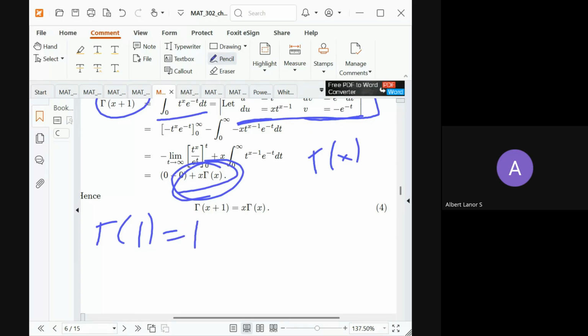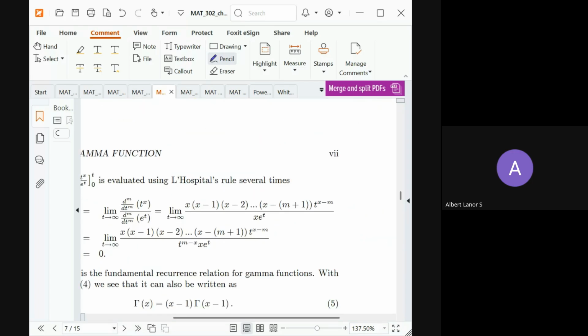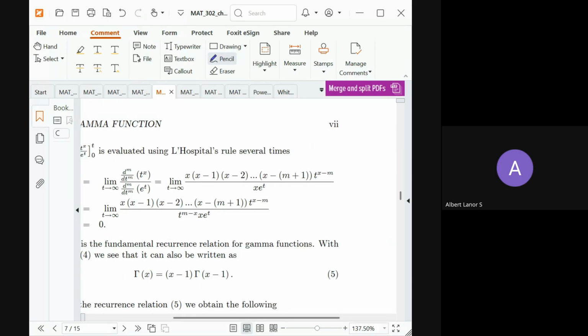We've proved it. Gamma of half is root pi. Then gamma of x plus 1 is equal to x gamma of x. All right. Then you can continue.